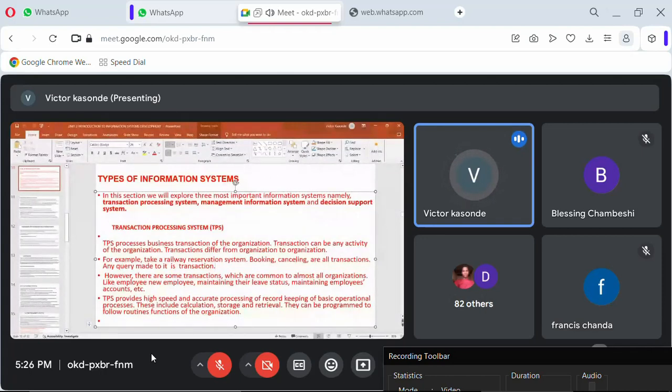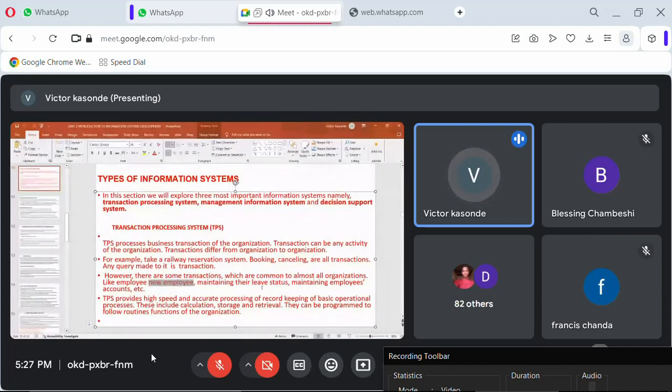This is a railway where you book and reserve. But if you compare this transaction with us who are in the education sector, you find that it's totally different. However, even if transactions differ from organization to organization, there are some which are common to almost all organizations, like a new employee and maintaining leave status.